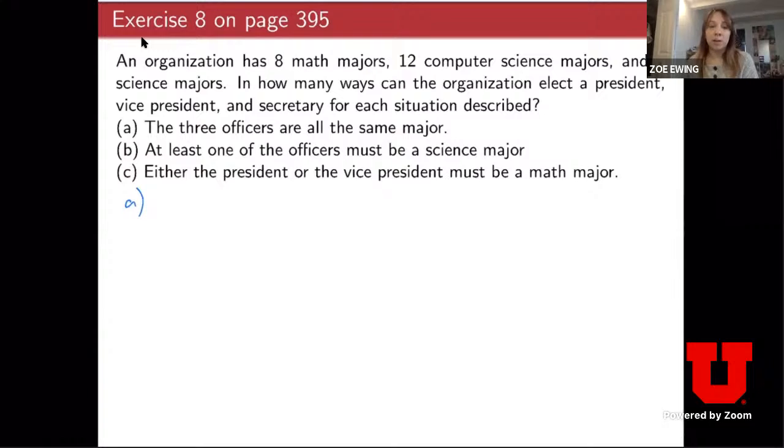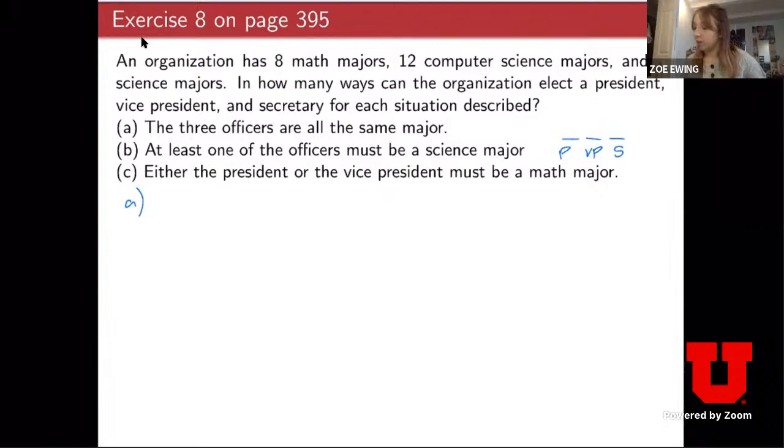The reason you can use permutations is because it's ordered in this case, because we have a president, a vice president, and a secretary. So the assumption is that we're filling in 3 spots in order. So if we use a permutation for part A, the 3 officers are all the same major, that means we have 3 cases.